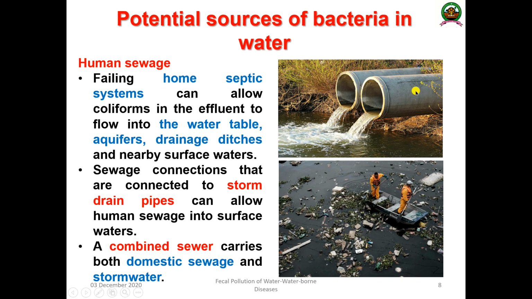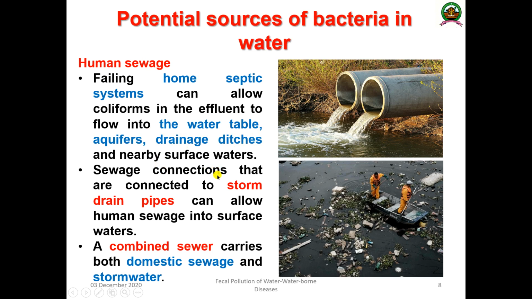Here you can see water coming from big water pumps. This is waste directly entering into the aquatic ecosystem, like a river or pond. Then there are failing home septic systems, where water is released directly from the septic tank. Then the water table, aquifers, and drainage ditches.